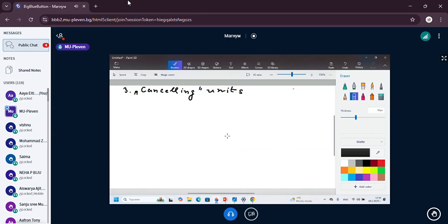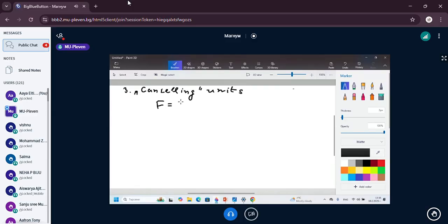So let me provide an example for cancelling units. There is a law in physics known as Stokes' law, which is about the force experienced by a spherical object moving with a certain velocity through a fluid of a specified viscosity.